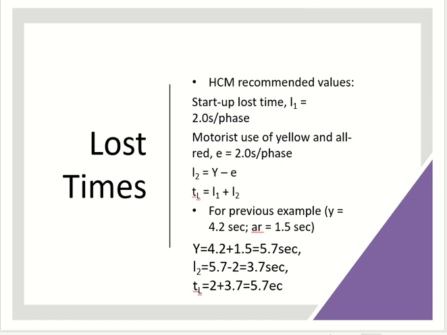So 4.2 plus 1.5 is your whole interval. From there, I will deduct 2. So 4.2 plus 1.5 minus 2 will give you the clearance loss time. Clear? And the startup loss time is also 2, the recommended one.